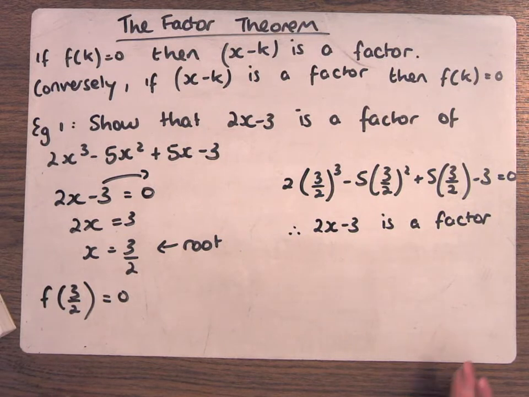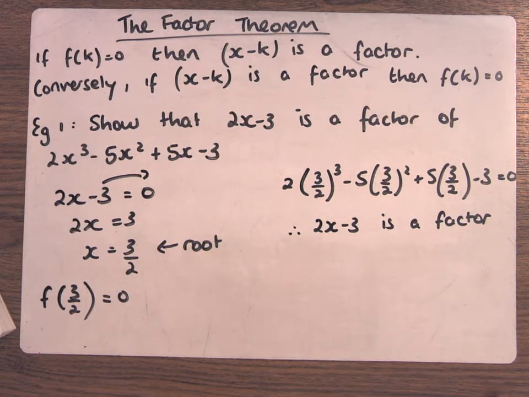So you don't have to show your work after that? No. So if something is a factor, you fill in the root into the equation and you should get 0 if it's a factor. Do you not have to do that to show that?